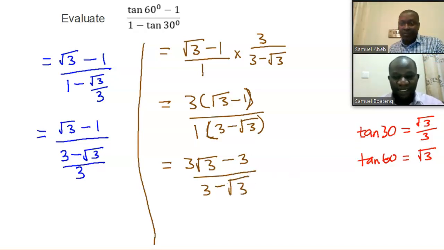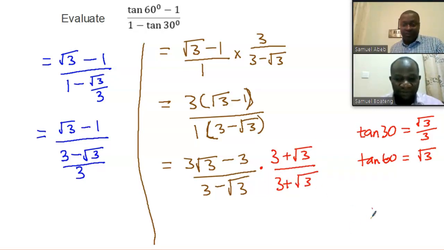And then we rationalize. We take the conjugate of the denominator, which is 3 plus root 3. Conjugate: if it is plus here, you change it to minus. If it is minus, we change it to plus.